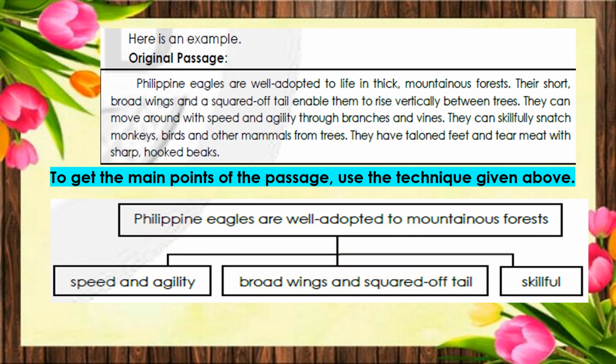So here is the organizer. We have the main idea: Philippine eagles are well adapted to mountainous forest, while the 3 supporting details are speed and agility, broad wings and squared-off tail, and skillful.